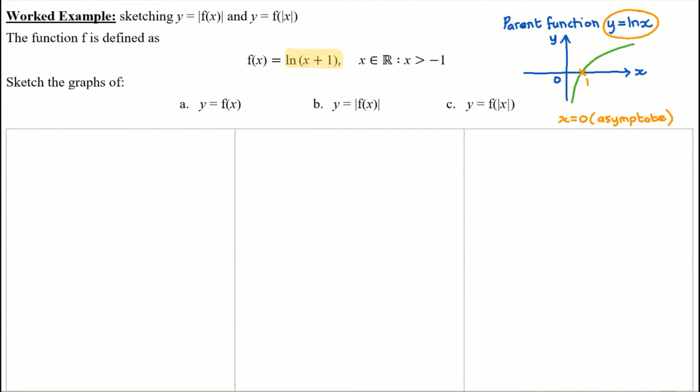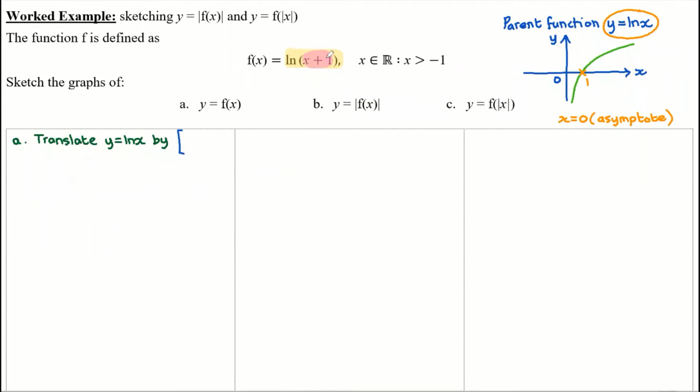So let's just write down what we're going to do. For part A, translate y equals natural log of x by the vector, and we'll write it in vector form. If you just recap as well, inside the function, it's x plus 1.